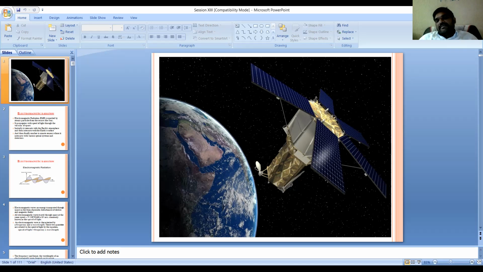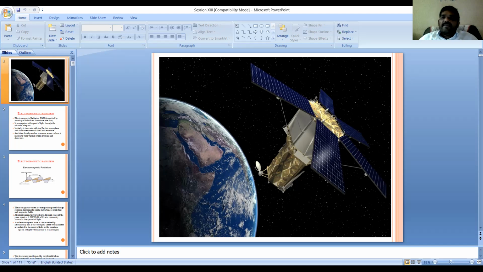In the first unit, when we have a look, you understood how the image of the target will be scanned by sensors. In the second unit, as per your curriculum, we are discussing how the images will be interpreted by the analysts. The moment we enter the second unit, we discuss there are two methods.